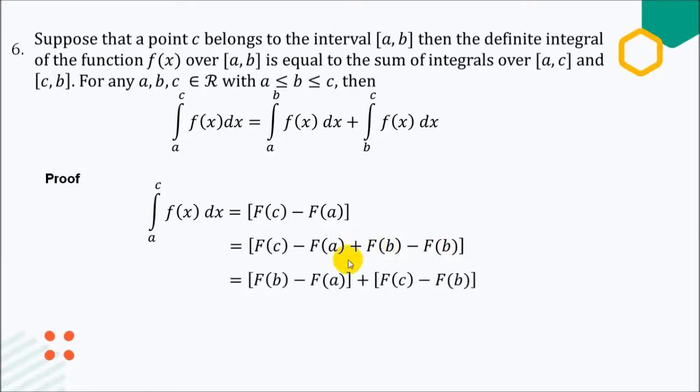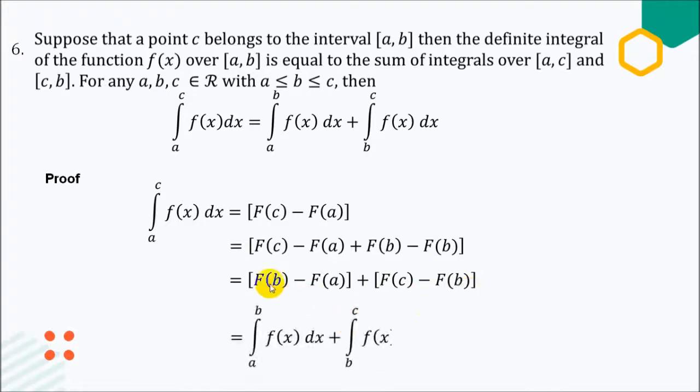Then with F(c), F(a), F(b) and the other F(b) here, we can take F(b) in front, and then we have the negative F(a), and the positive F(c). So we have F(b) minus F(a) plus F(c) minus F(b).